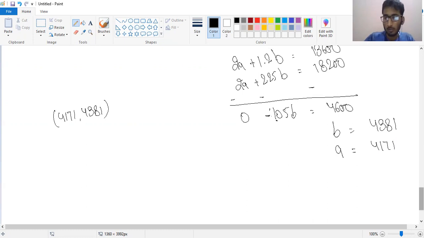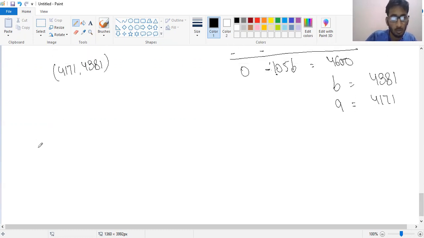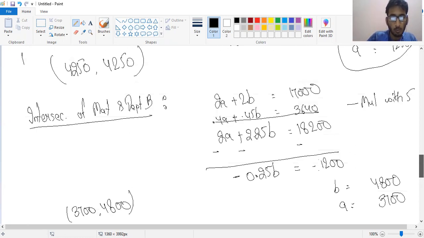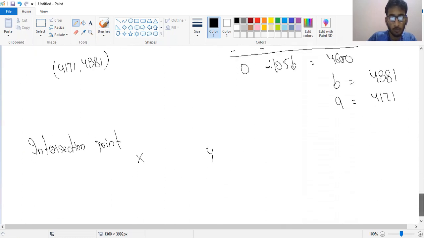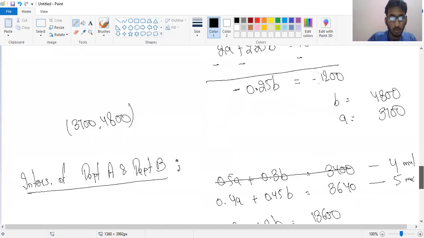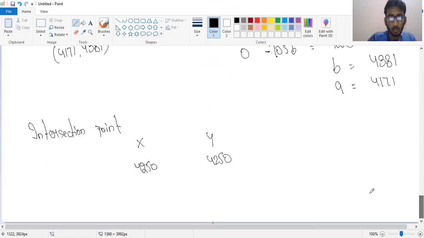What 3 points did you get? The intersection points for x and y. The first intersection point is 4250 and 4250. The second is 3700 and 4800.